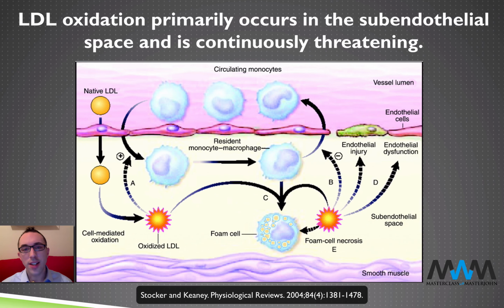And although it's not shown in this diagram, the release of these oxidized lipids from the dying cells also creates an inflammatory environment that eats away at the fibrous cap. And that inflammation is one of the factors that causes the fibrous cap to degrade and become vulnerable to rupture.